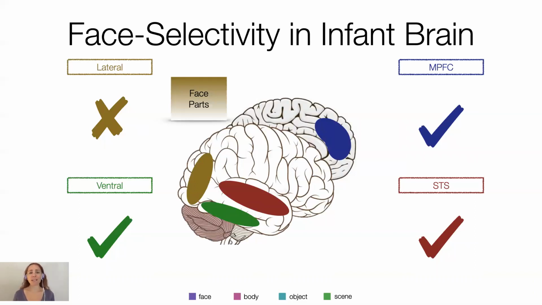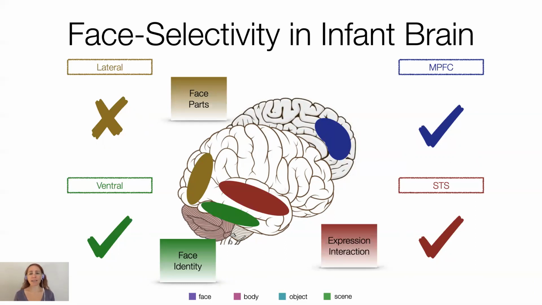The face response in ventral temporal cortex is thought to be associated with face identity, while the STS is thought to support processes such as facial expression and social interaction perception, and MPFC is thought to support social partner selection. Do we have evidence in this data set to suggest that is also true of the infant brain?